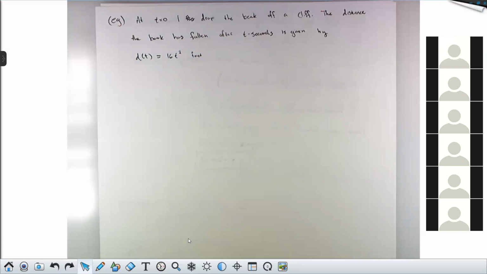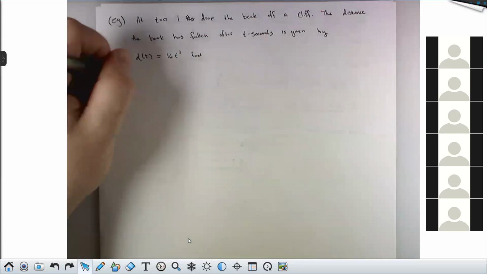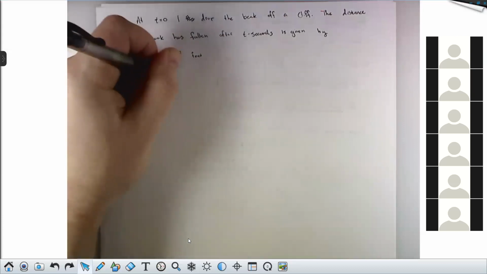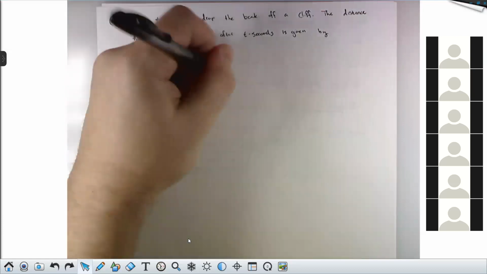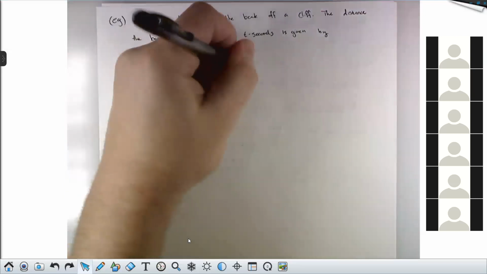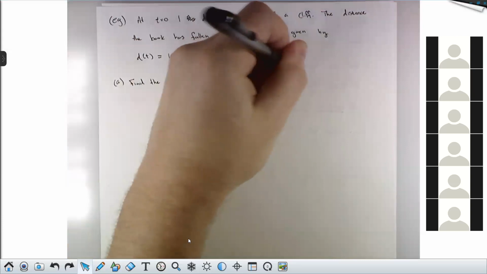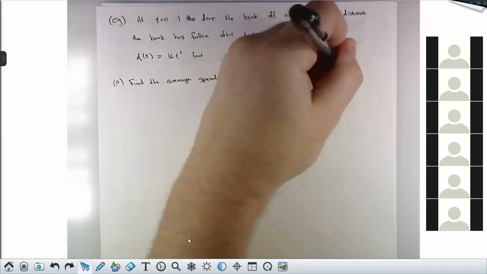All right, in this context, I would like to calculate 2 rates of change. I'd like to find the average speed of the book from t equals 1 second to t equals 5 seconds.